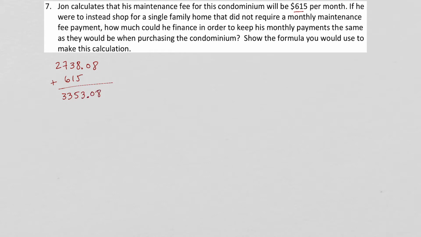And then if we're going to solve for the present value, we've done this in the past, the present value is equal to the payment times 1 minus (1 plus r over n) to the negative nt, over r over n.